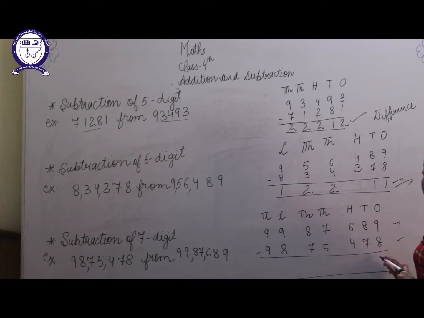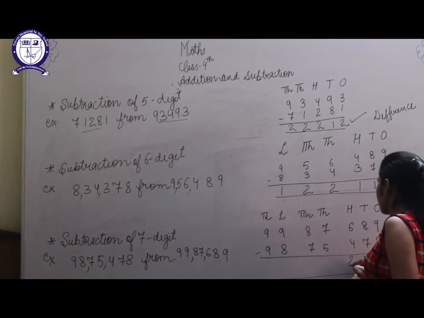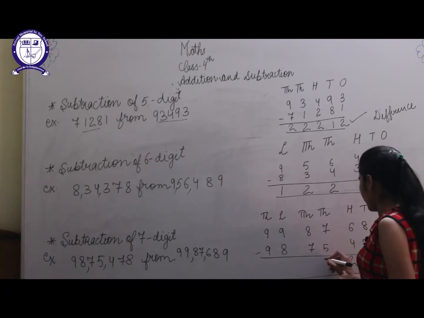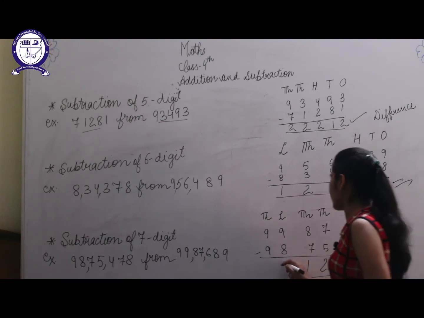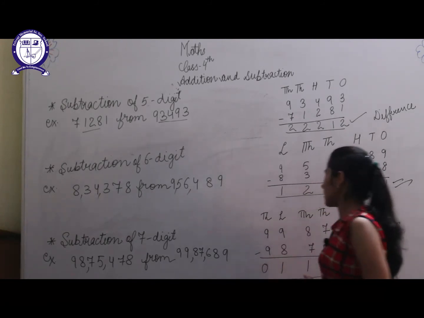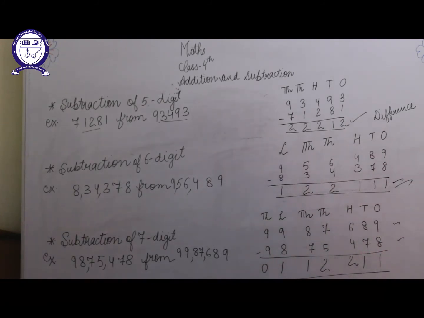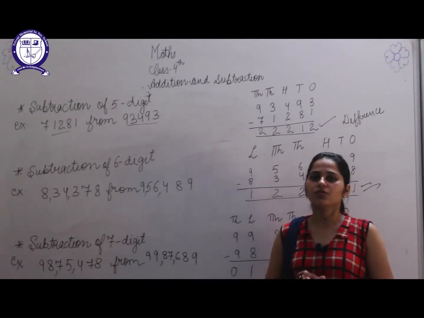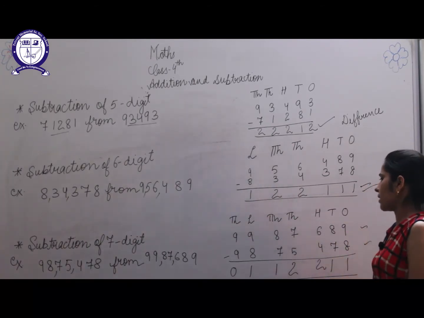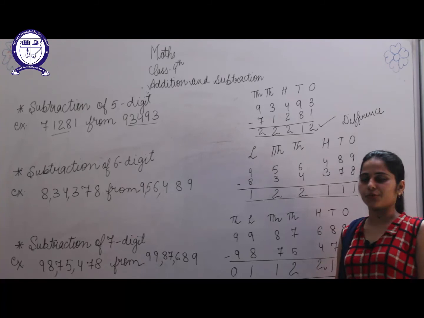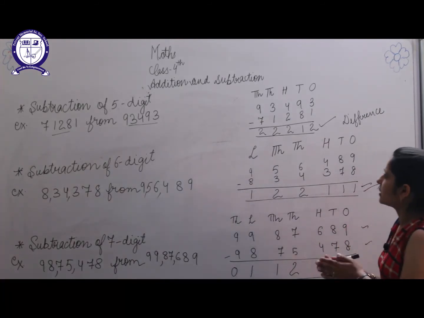Now 9 minus 8 gives us 1, 8 minus 7 gives us 1, 6 minus 4 gives us 2, 7 minus 5 gives us 2, 8 minus 7 gives us 1, 9 minus 8 gives us 1, 9 minus 9 gives us 0, student. And when we are subtracting 0 from any number, the answer does not change, it remains the same. So our difference here is 1,12,211, student. So this was about without regrouping.